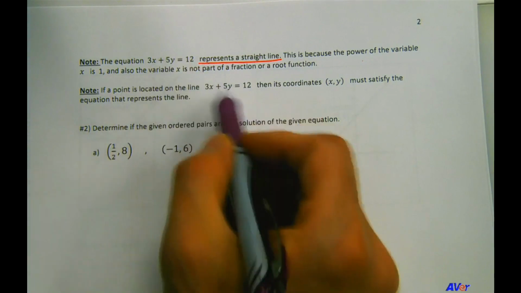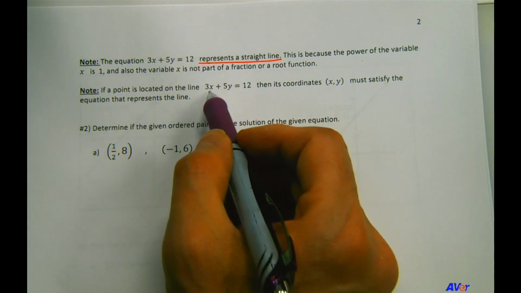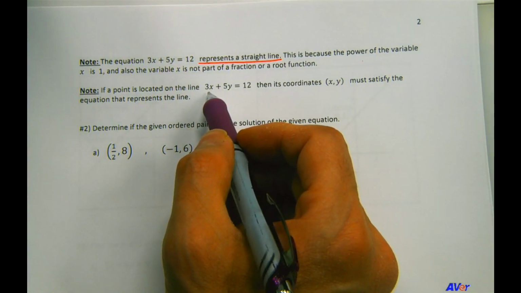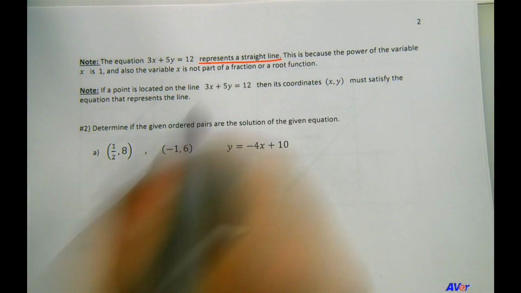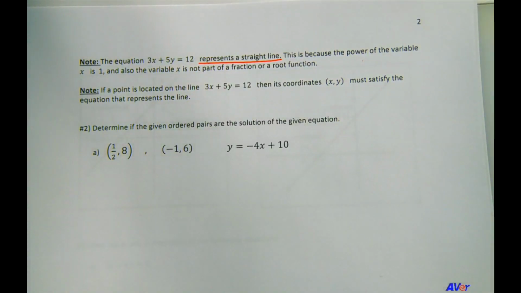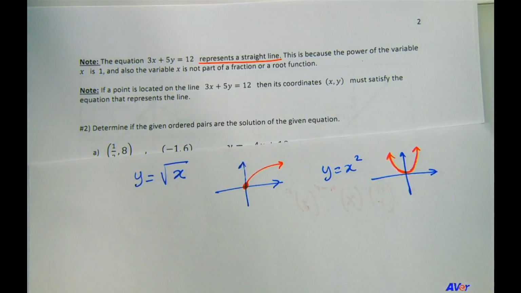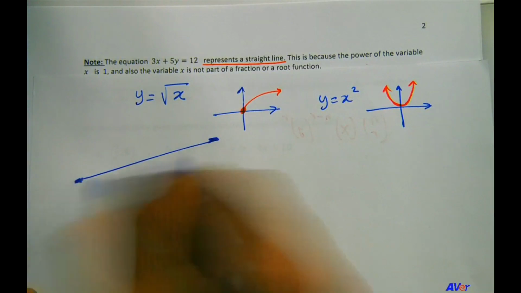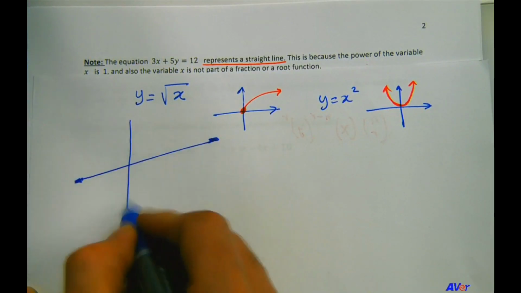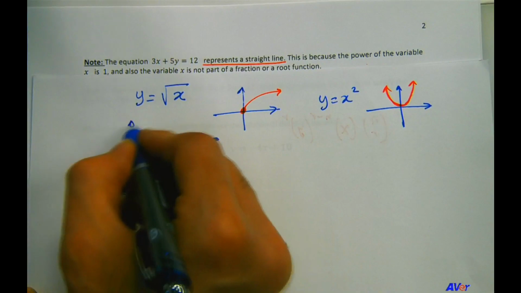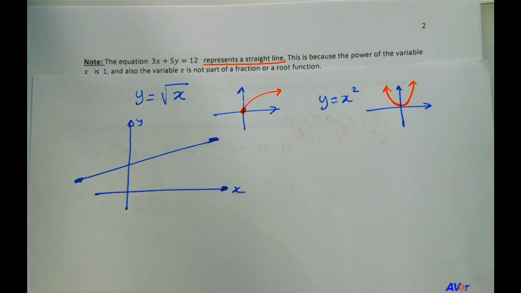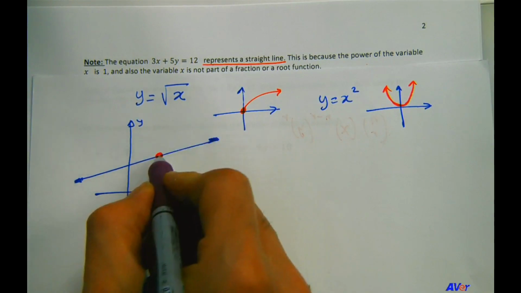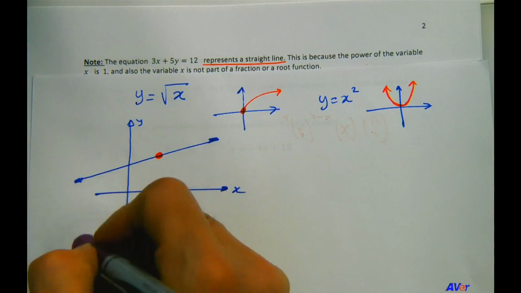So if you have any kind of line, and this extends to lines that are not straight, they are curves, just like the ones that I've shown you. If a point is on that line, if you have a straight line, I'm just using this as a scratch paper. So if you have a straight line like this, and suppose we put the x and y here, any point on this line must satisfy the equation of this line.